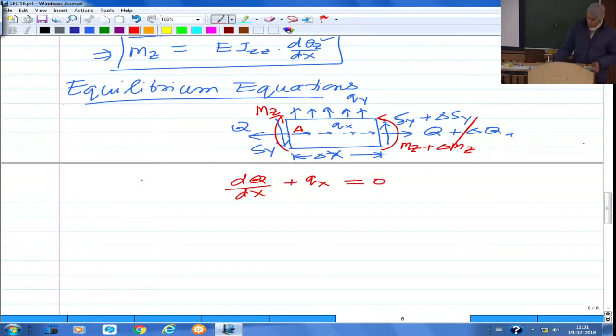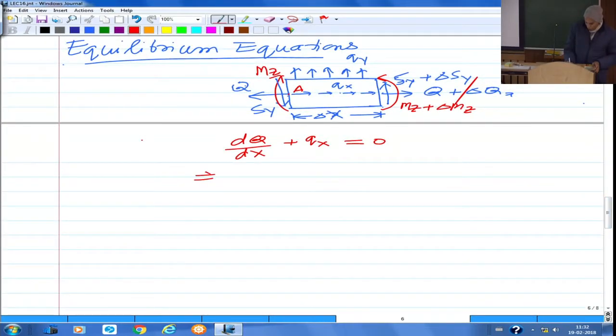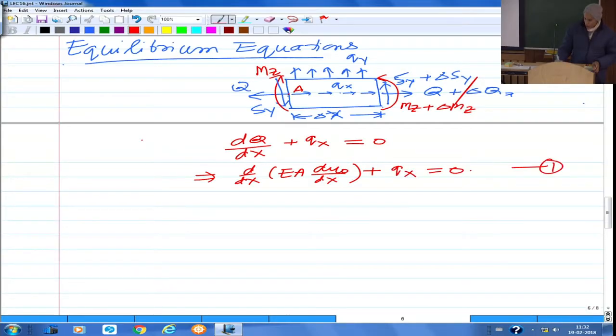You can check yourself. And then this q is EA into du naught by dx, so I can write this equation as d by dx of EA into du naught by dx, that relationship between q and u naught we have just done, plus qx equal to 0. So this is one differential equation, say 1.